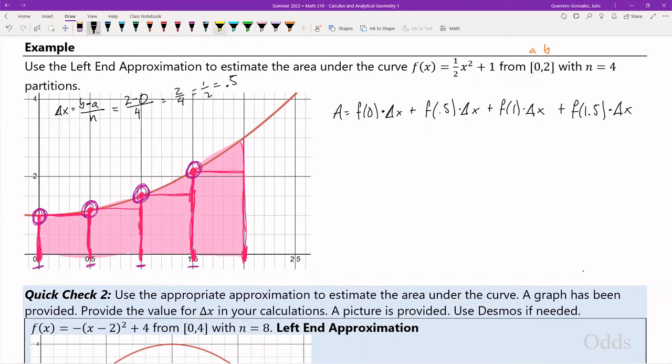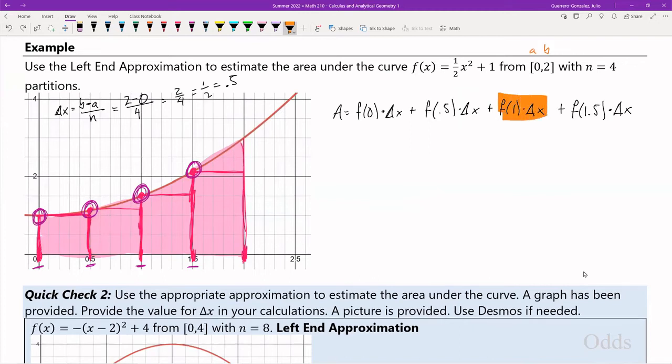So let me go ahead and color code these really quick. So this right here is going to be the calculations for the area for this box right here, just this very first one. Does that make sense? This calculation right here is the area for just this box right here, right?